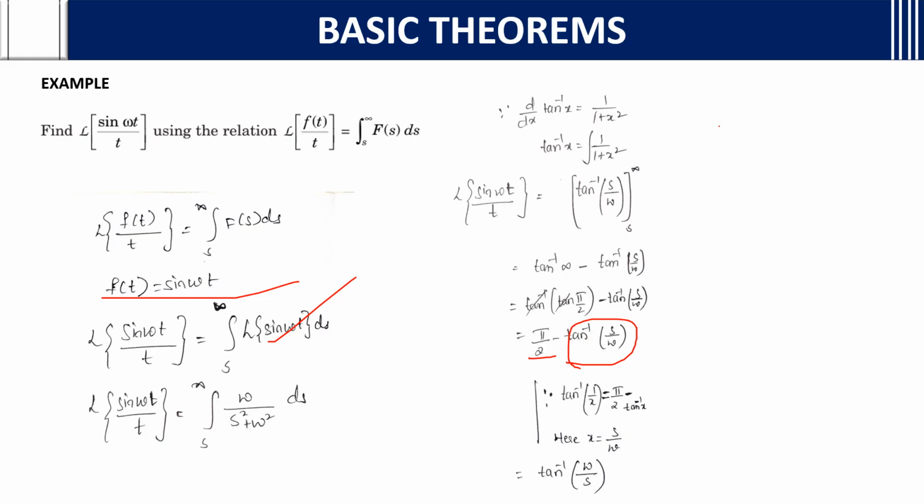So tan inverse of 1 by x, where x is s by omega, 1 by x means we should do the reverse, s by omega to omega by s. So you will get tan inverse of omega by s as the value.